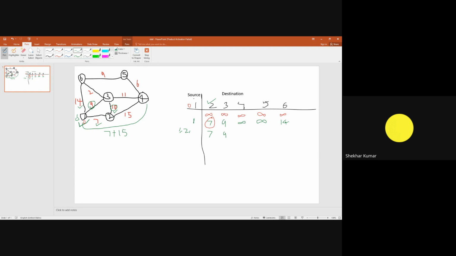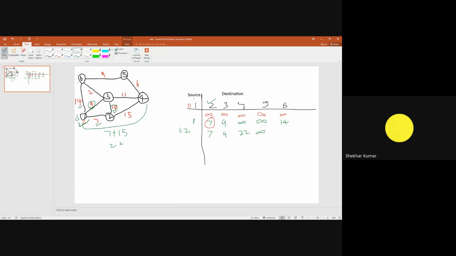So the shortest path is 7 plus 15. Okay, first one, that is our 22. In the first step, if there is another cost, then it will be removed. Okay, and 1 to 5, it is not possible to visit, so it will be infinity also.